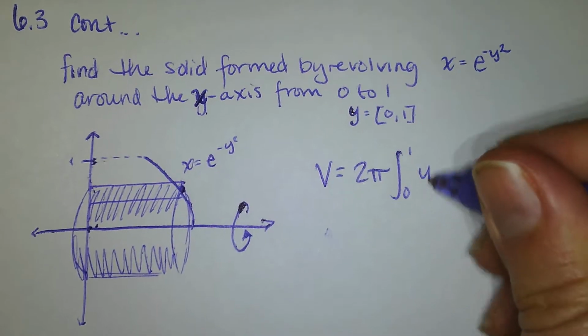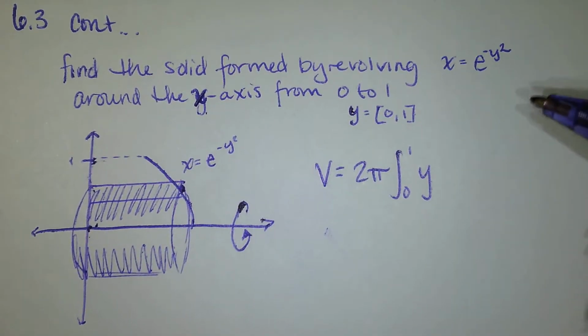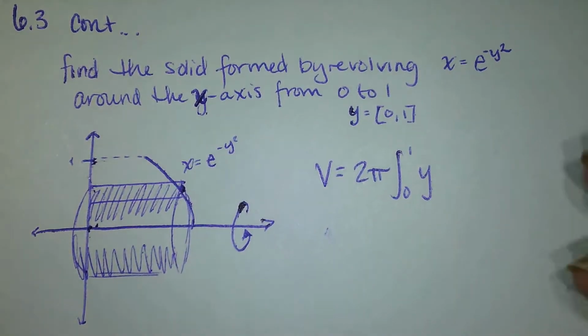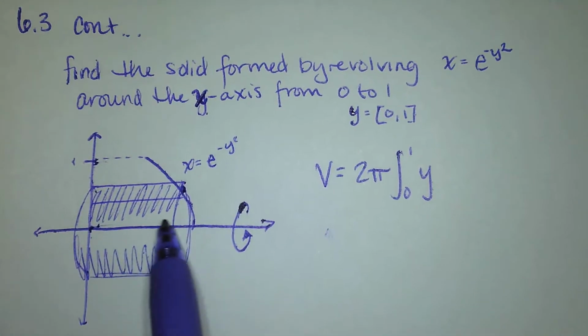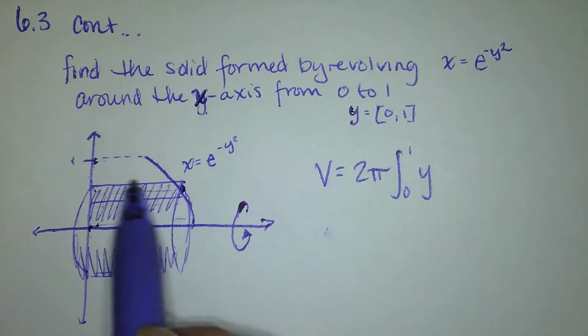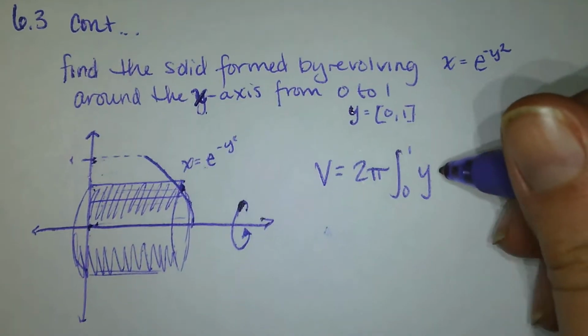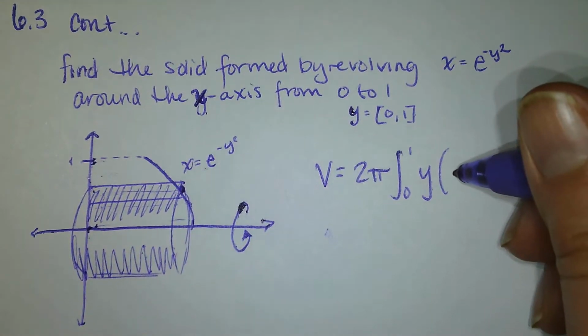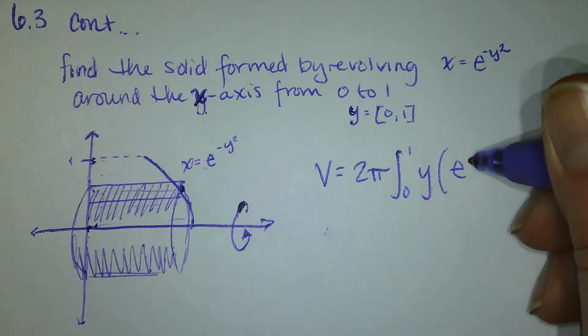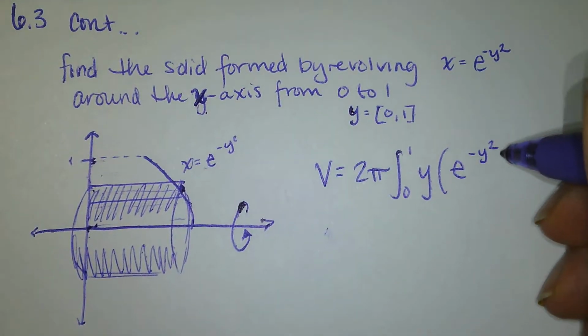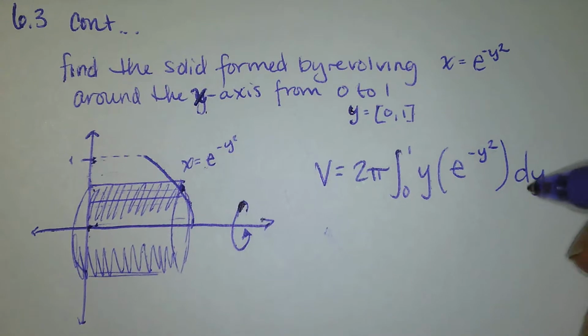So that's just going to be y. I told you that's typically just going to be the plain variable. And then the height of the cylinder is going to be given by this value, which is this function, x equals e to the negative y squared. If we do this in terms of y, we will have our answer.